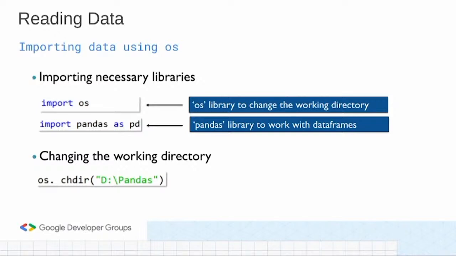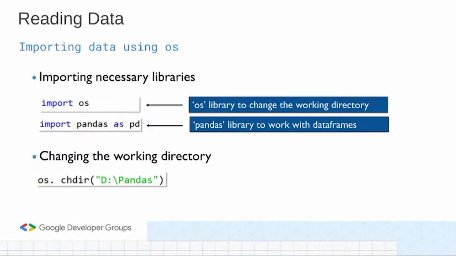Whenever we read any data, it becomes a data frame, which is represented as tabular data, where each row is a sample and each column is a variable.